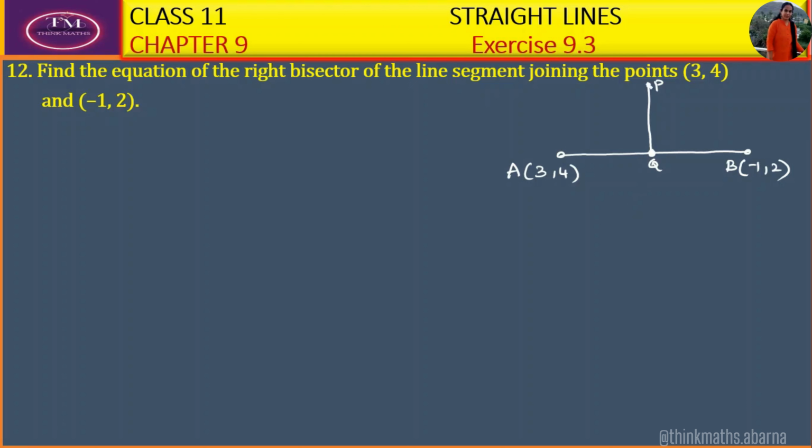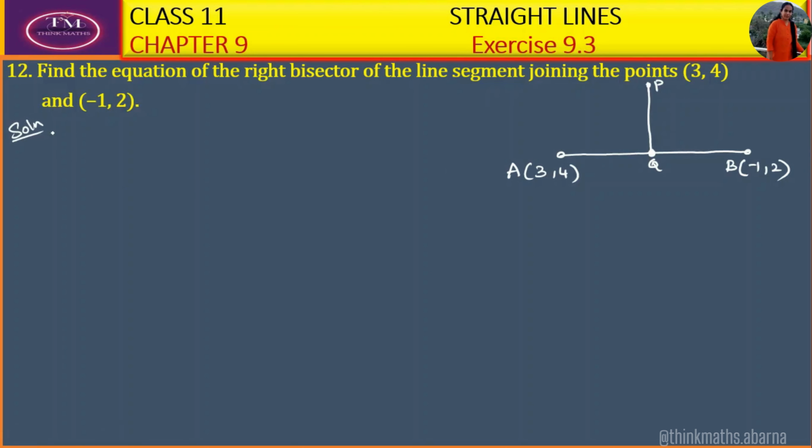So we have to find the equation of PQ. How to find? This Q can be found out using the midpoint formula. If we know a point and a slope, we can find out the slope of AB and then we can find out the slope of the perpendicular. That's all. Okay, understood? So we start the solution.